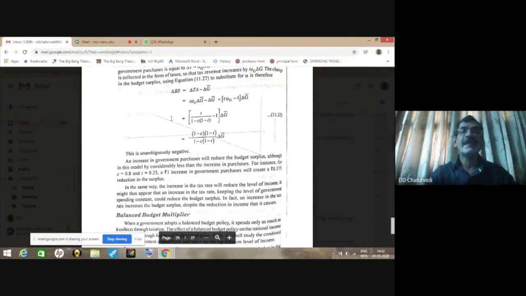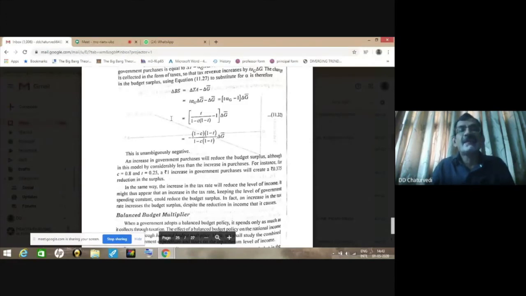We all know that 1 upon 1 minus C within bracket 1 minus T, the government expenditure multiplier, is always positive. 1 minus T is also positive because T is the tax rate, which cannot be more than 100%. 1 means 100%. 1 minus C is always positive because C can never exceed 1.